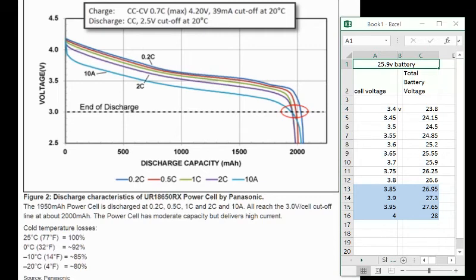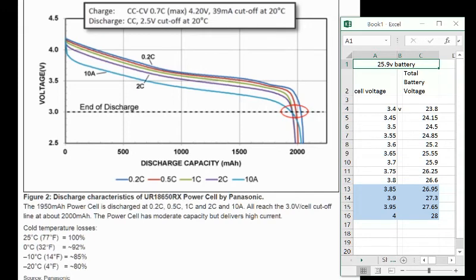But what's important to note is the voltage drop on the lithium ion 18650 batteries. Now there's a lot of different chemistries used out there, but typically the voltage drop on these does not occur until about 3.4 volts. And if you look on the chart over to the right, I've calculated what that means.